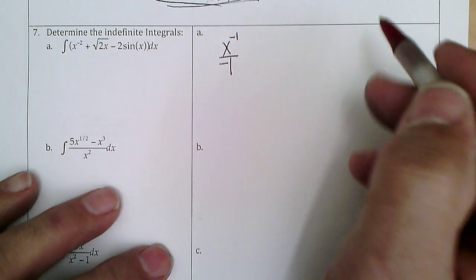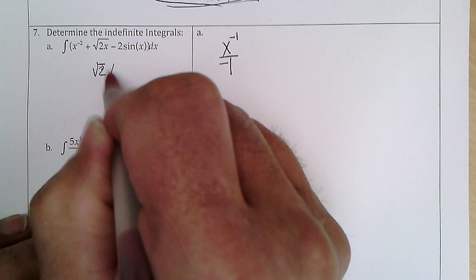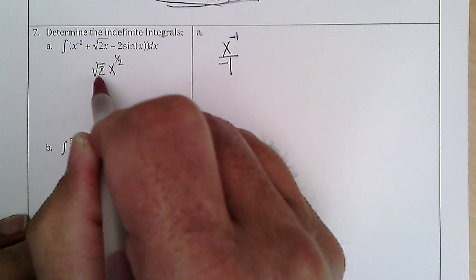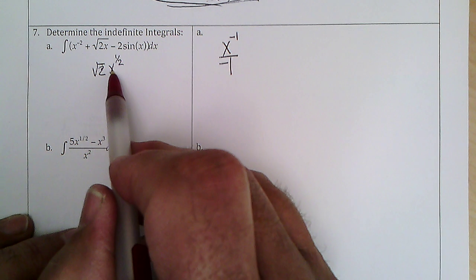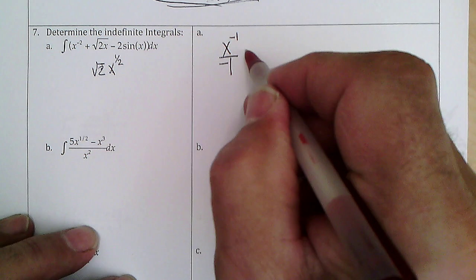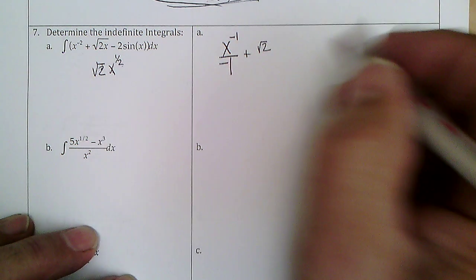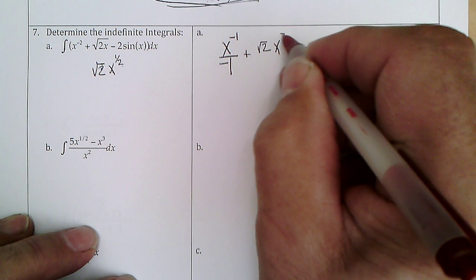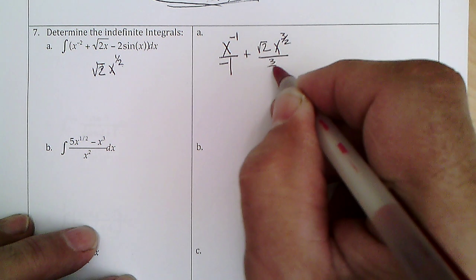This is the square root of 2 times x to the 1/2, but that's what this is. So if I use the power rule on this, I'm going to get plus square root of 2, add 1 to 1/2, and we get x to the 3/2 over 3/2.